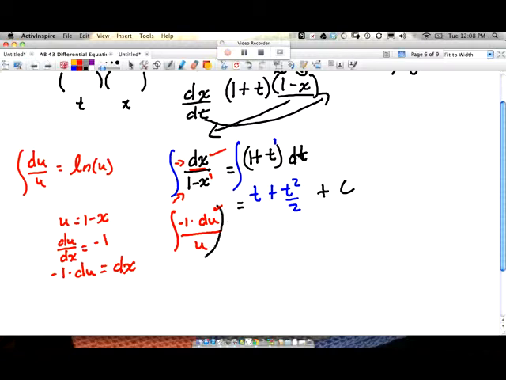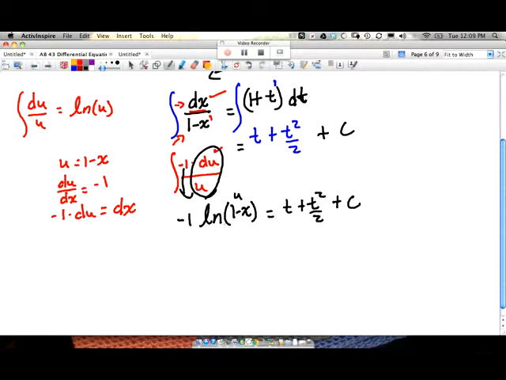But we haven't integrated the left side. The antiderivative of du over u, not a big deal now, it's natural log of u. And u in this case is 1 minus x. But we need this negative 1 here. It's negative 1 times natural log of 1 minus x equals t plus t squared over 2 plus c.